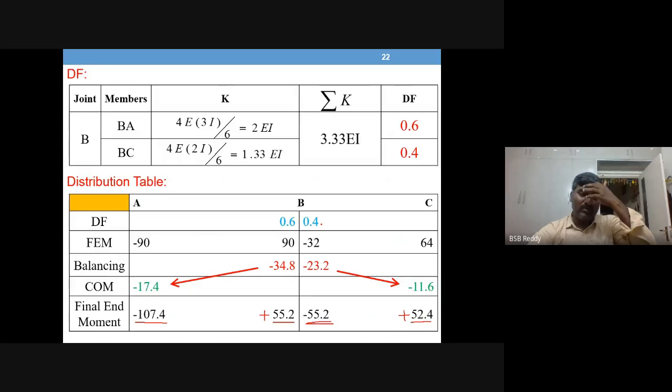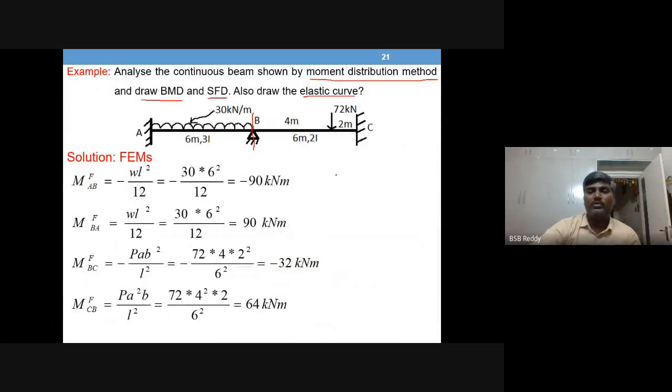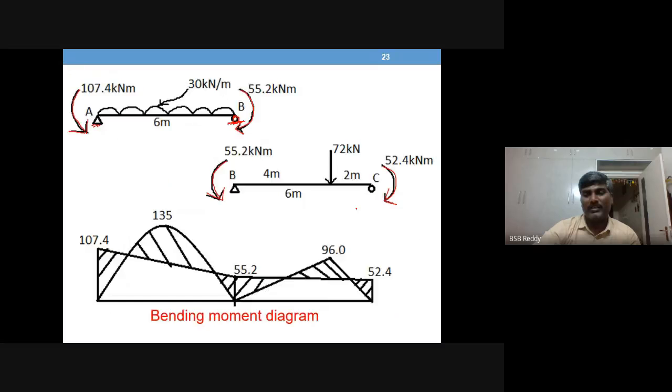The other load it has is the applied load of 72, 2 meters from C. That is also drawn. Now there are two simply supported beams, with moments and UDL, and moments and point load. For this you have to draw the BMD.